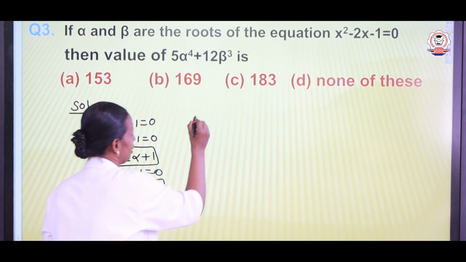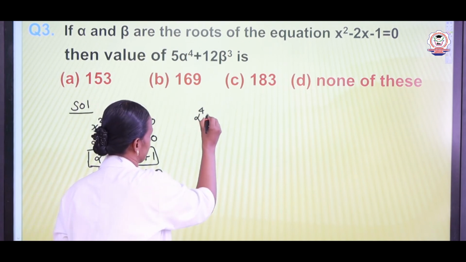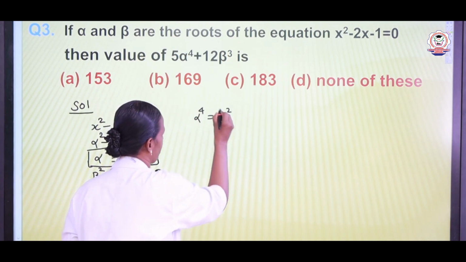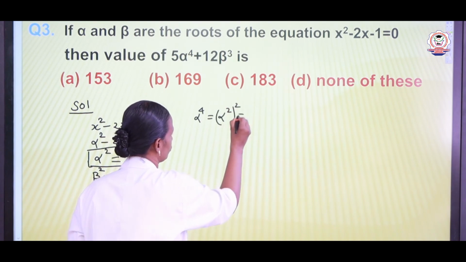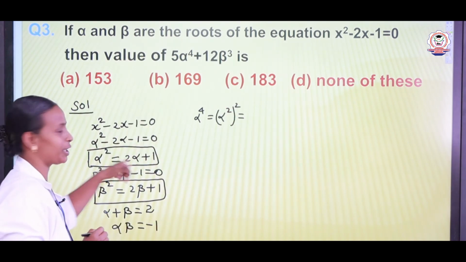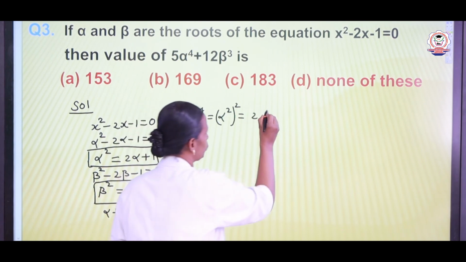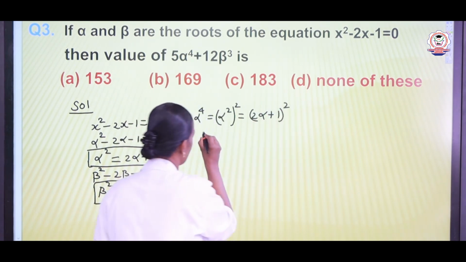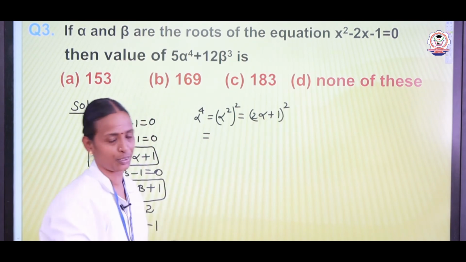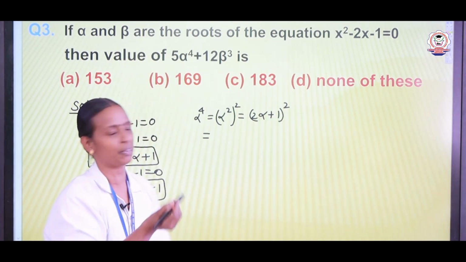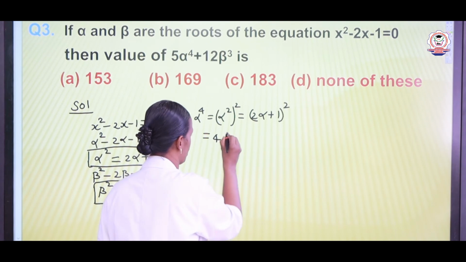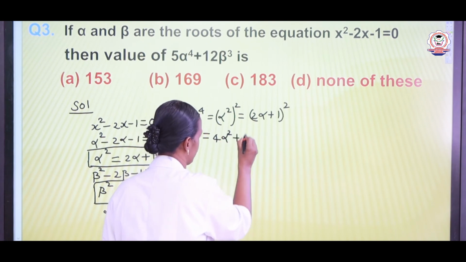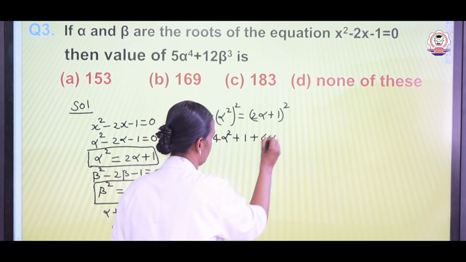Alpha power 4, that is nothing but alpha square the whole square. Alpha square value is 2 alpha plus 1. 2 alpha plus 1 the whole square, which is equal to a plus b the whole square, a square plus b square plus 2ab, that is 4 alpha square plus 1 plus 4 alpha.